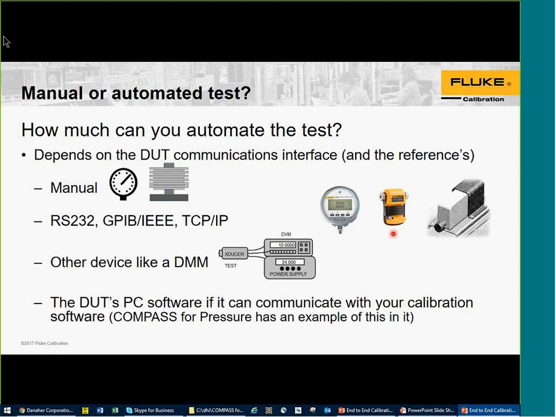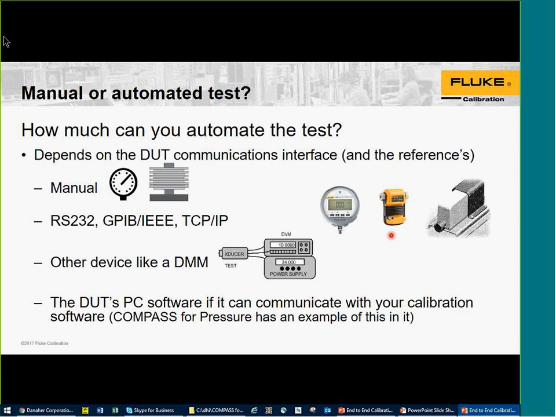A Fluke pressure module is an example of that, where you cannot read it directly. You have to use a 700 PCK kit, which comes with the 700 PCK software to read the Fluke pressure module. And we have a special interface macro in Compass that actually talks to that 700 PCK software behind the scenes to communicate with that pressure module.